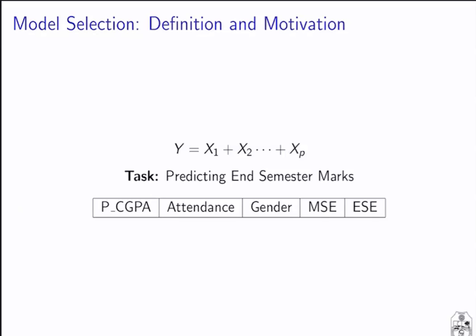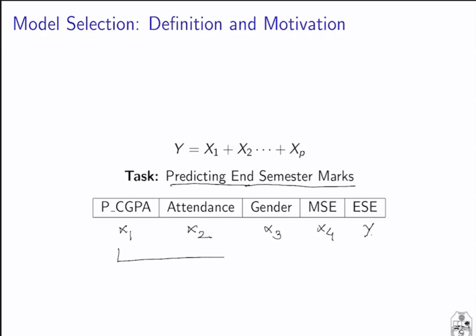Now, let us first define the problem of model selection. What does it mean by model selection? I am describing the model selection problem in the context of our task of predicting end semester marks from four given variables. One is the previous semester CGPA, then X2 is the attendance in the current semester, X3 is the gender of the student, X4 is the mid-semester examination marks, and ESC is our output variable or the dependent variable.